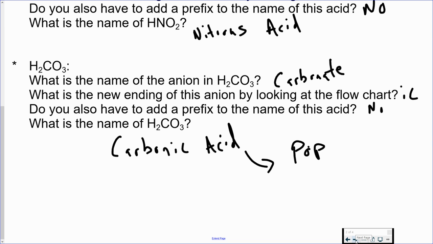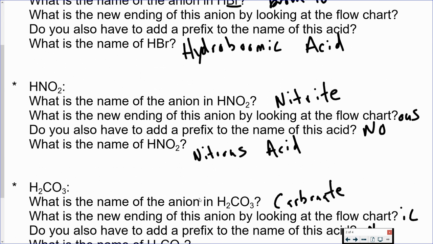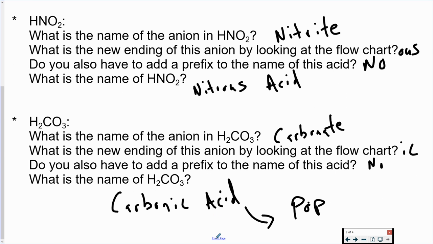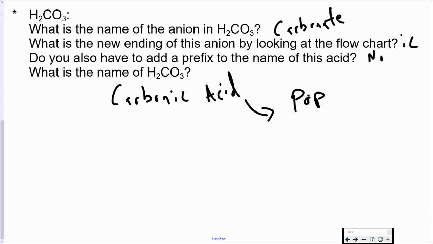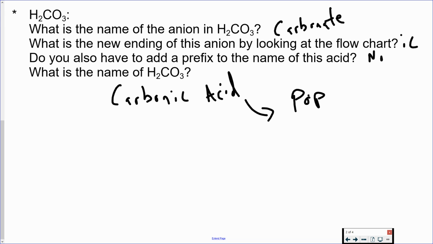All right, before we move on to the writing of the names, I have some shortcuts. I have some phrases that could help you in remembering what to write.